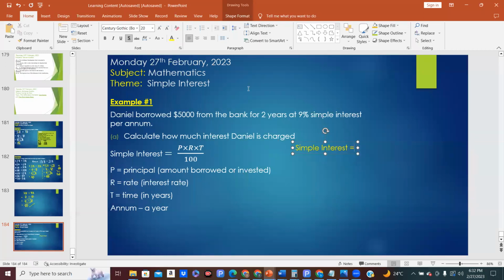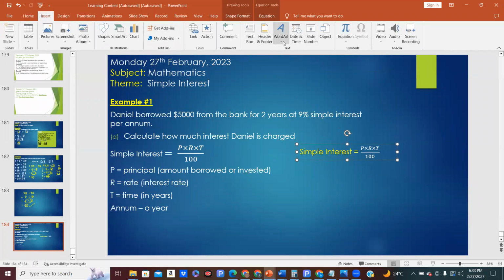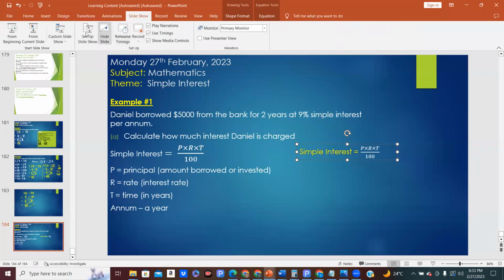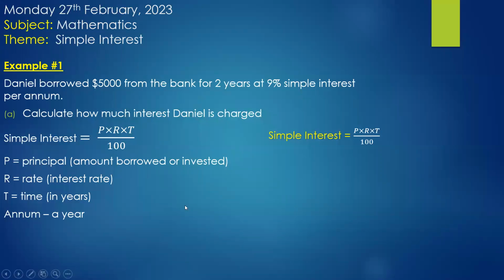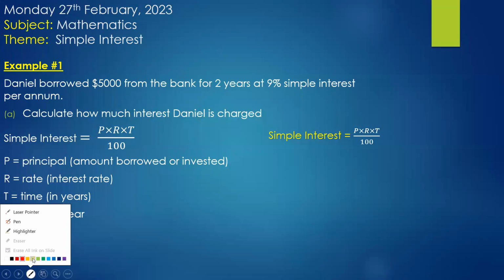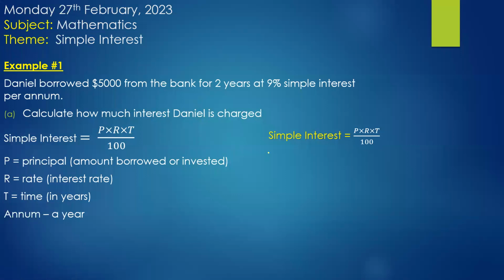So it's going to be equal to the principal times the rate times time. In our case, what is P? 5,000.